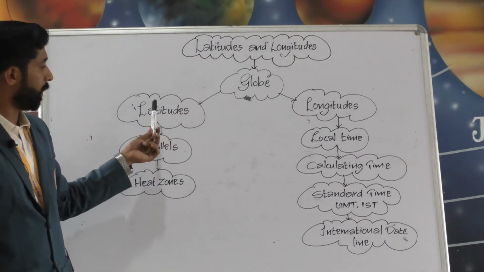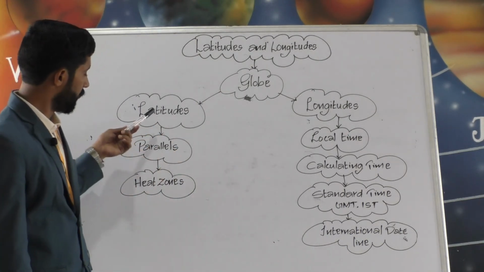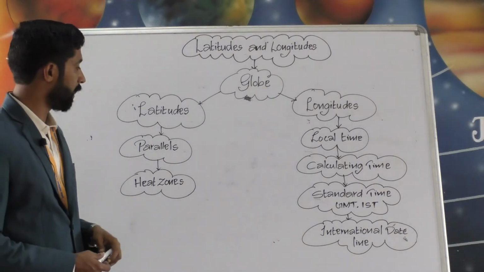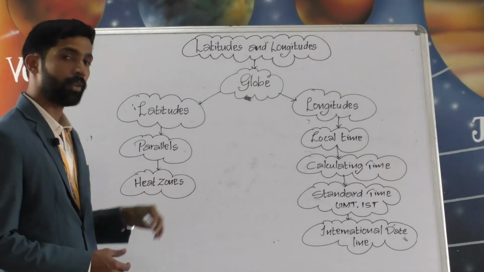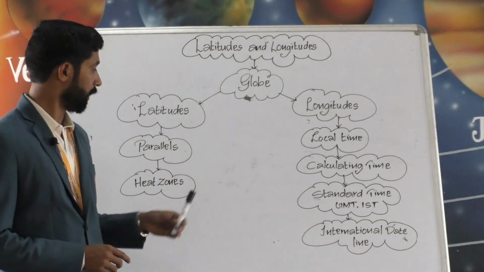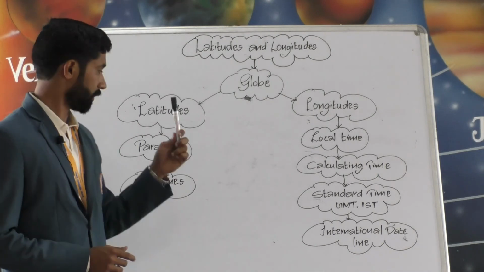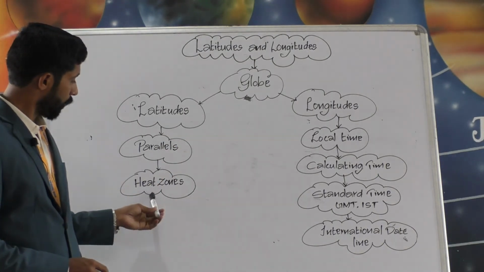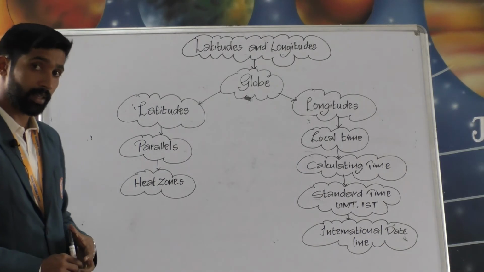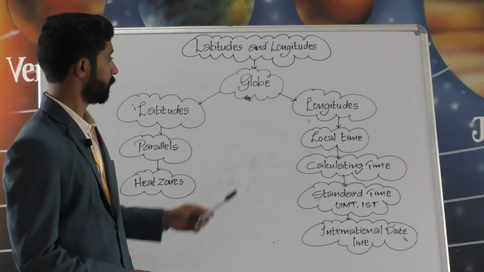Latitudes are the imaginary horizontal lines, and in that there are different parallels of latitudes: Tropic of Cancer, Tropic of Capricorn, Arctic Circle, Antarctic Circle, and the 0 degree equator. We also learned about the 3 heat zones: torrid, temperate, and frigid zones.